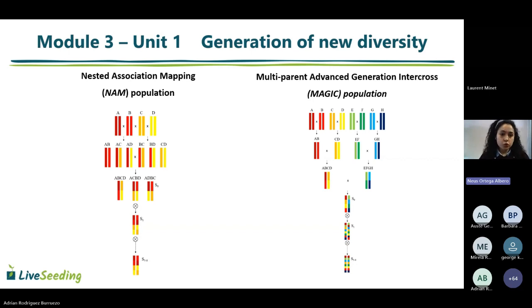The other most popular one is the multi-parent advanced generation intercross, the MAGIC population, which is based on the intercross of normally 4, 8, or even 16 parental lines, followed by a funnel breeding design, intercrossing by pairs until we have one population that encompasses all the diversity of the parental lines, and then selfing this population during 5 to 7 generations to obtain a population of RILs with unique genome combinations of all the founder lines, also genetically fixed and homozygous.